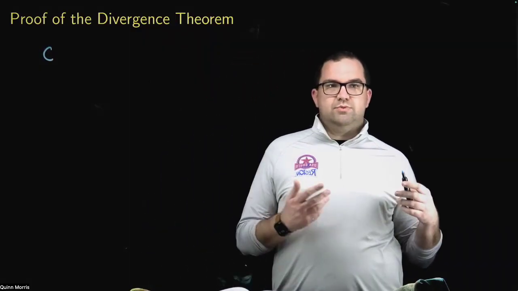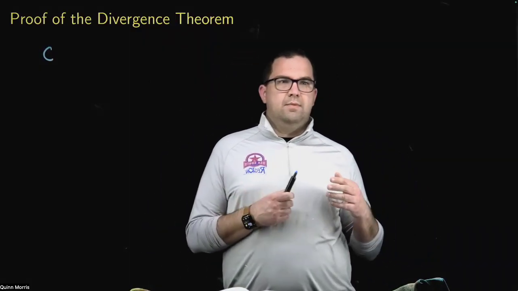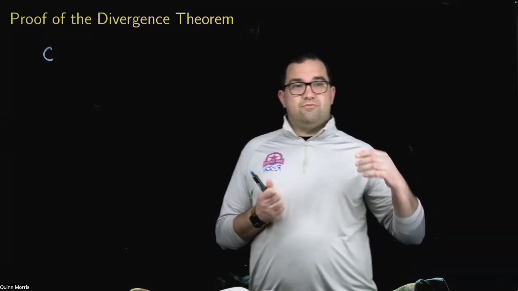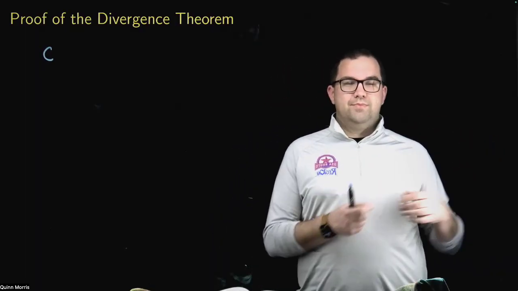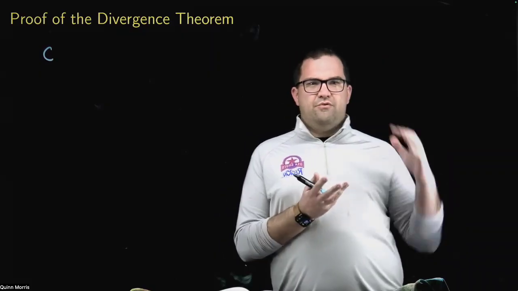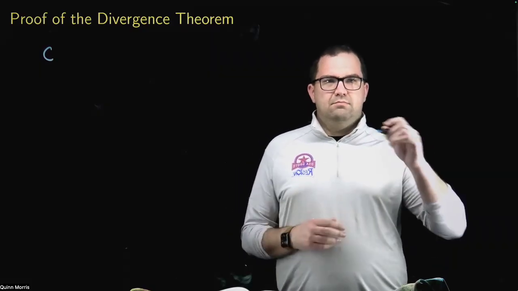I'm going to assume, just as we did when we proved Green's theorem, that we're working with a region of type 1 and type 2. Well, in three dimensions for volumes, it's a little more complicated.